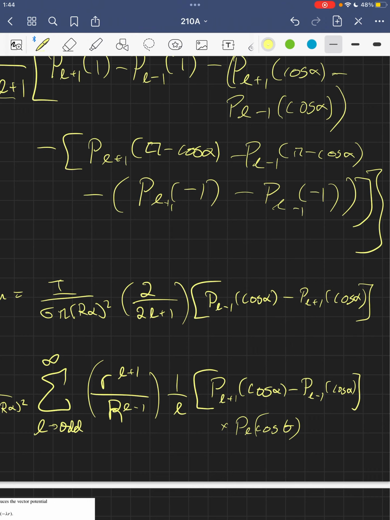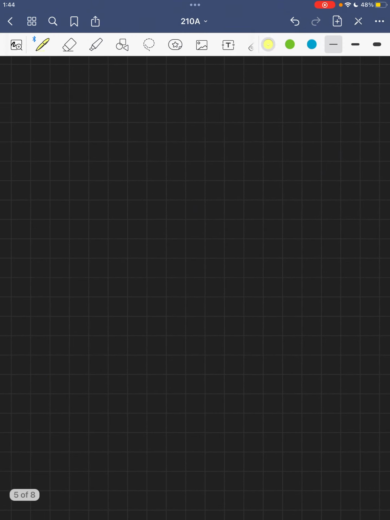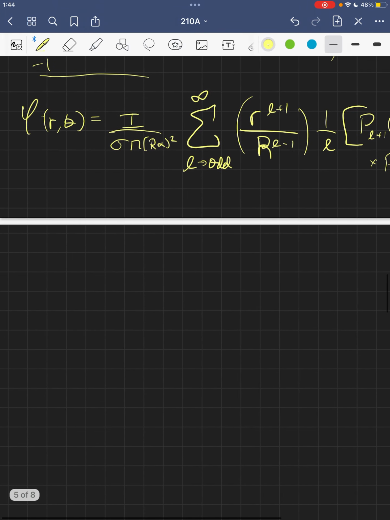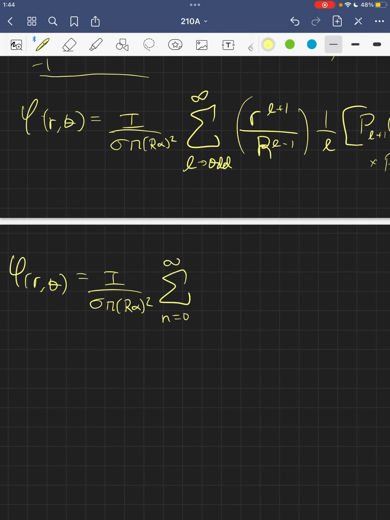So again, like I said, you could rewrite this using, for example, phi of r and theta is equal to I over sigma pi r alpha squared, with n equal to 0 to infinity.